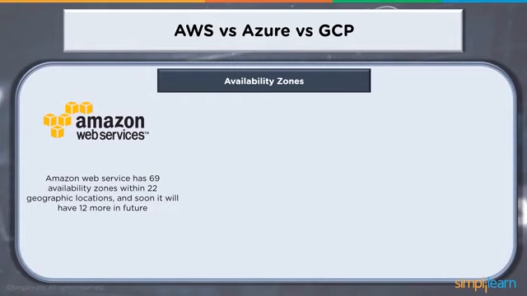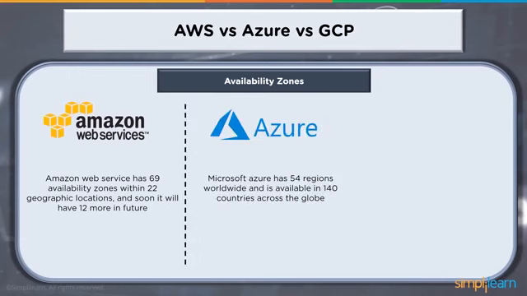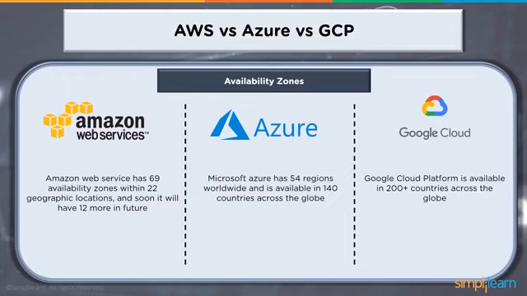So this number keeps growing based on the spread of the services which a particular cloud provider offers. Here we are talking about availability zone specific information. When we talk about Microsoft's Azure, it has 54 regions worldwide and is available in 140 countries across the globe. Google Cloud Platform is available in 200 plus countries across the globe.